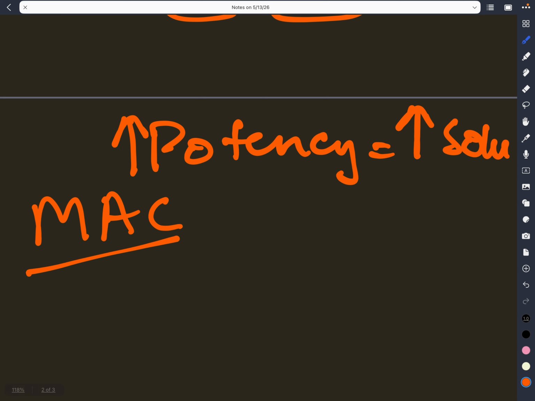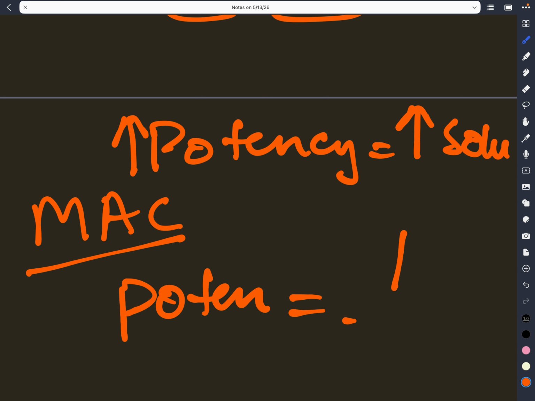MAC is the concentration needed to prevent 50% of the subjects from moving in response to noxious, meaning painful, stimuli. Potency is inversely related to MAC. If you have increased MAC, you have decreased potency. If you have increased potency, you have decreased MAC.